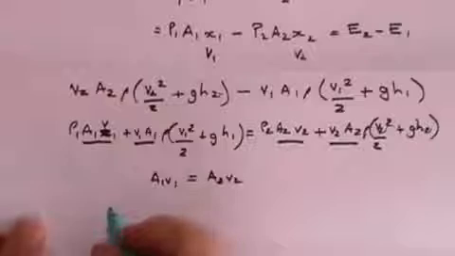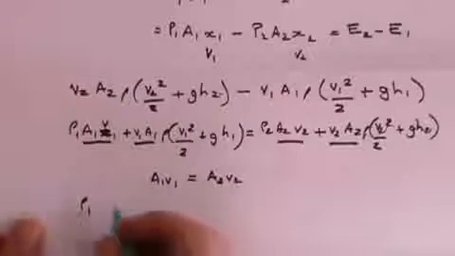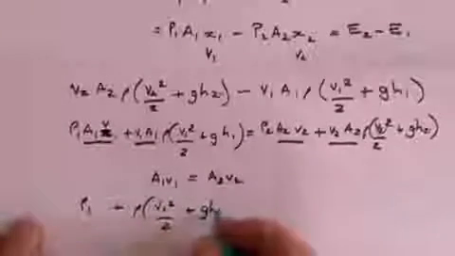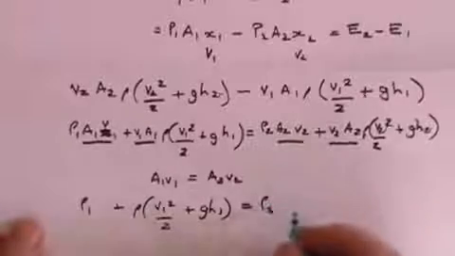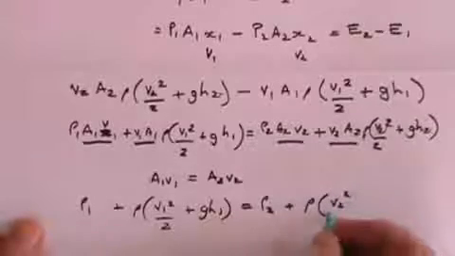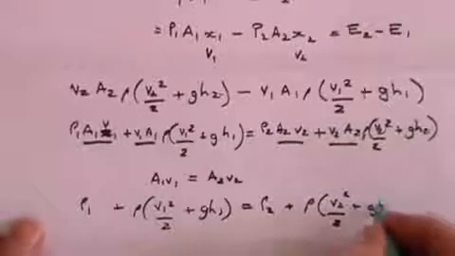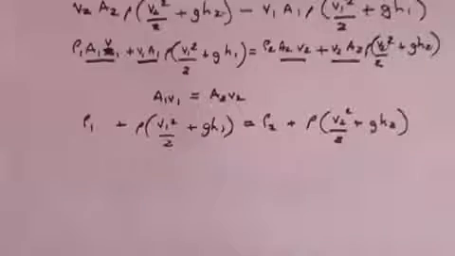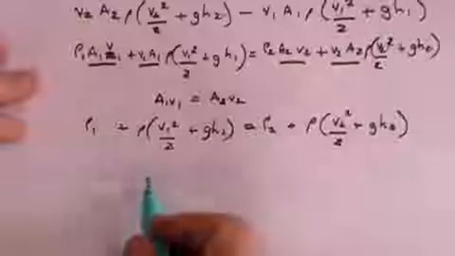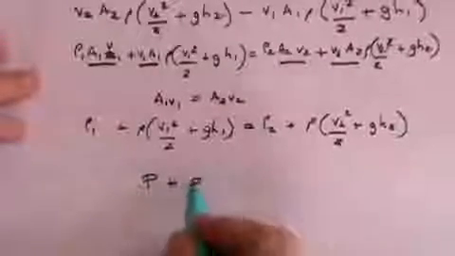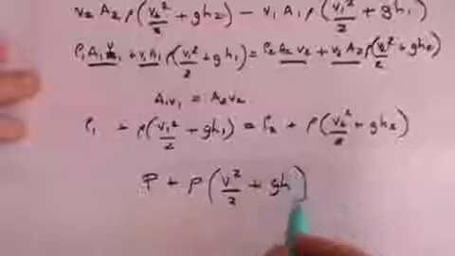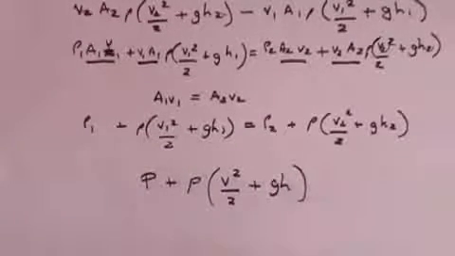And that leaves us with P1 plus rho into V1 squared over 2 plus GH1 equals P2 plus rho into V2 squared over 2 plus GH2. Which means, and this is Bernoulli's Principle, that at any point in the fluid, the pressure plus the density into V squared over 2 plus GH is a constant.